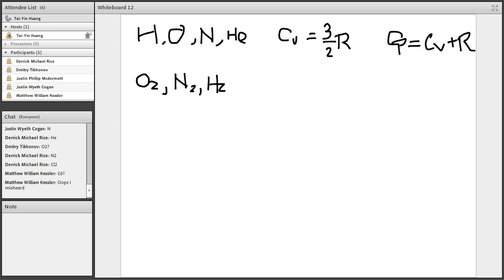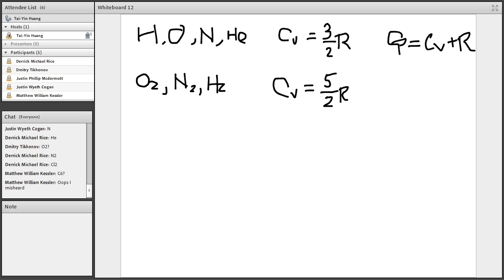Then your CV value now becomes 5 halves R. The reason is that now, in addition to the X, Y, Z directions where you can store energy, there are 2 additional possible ways for the molecules to store energy. That will be in rotation. You can have rotation along the X, Y axis or along the Y, Z axis. So along these 2 central axes, you have the 2 additional ways to store energy.